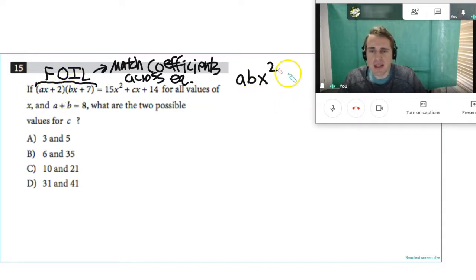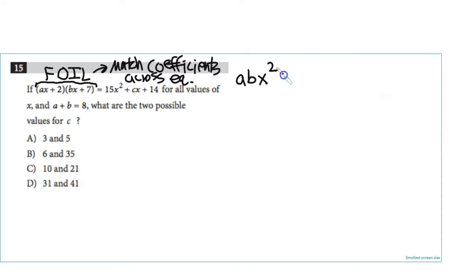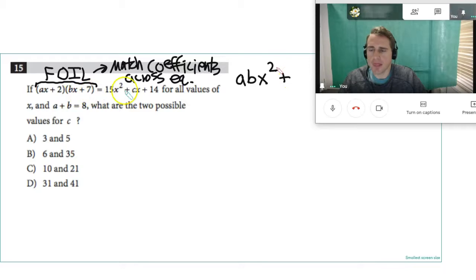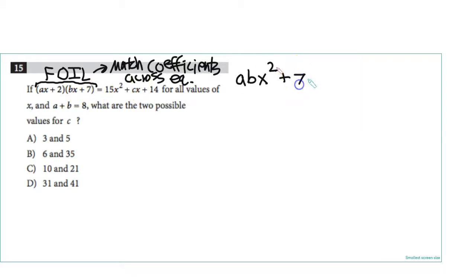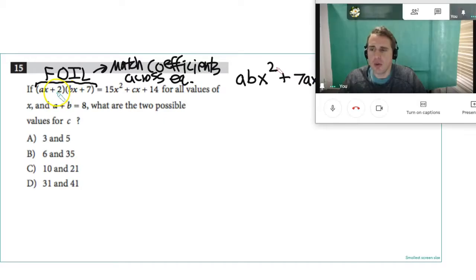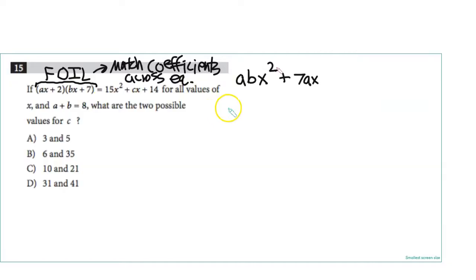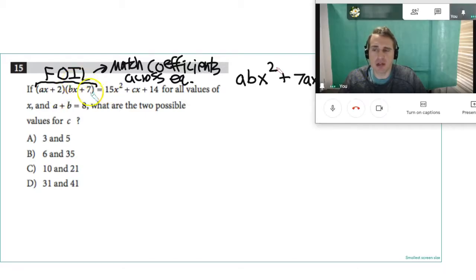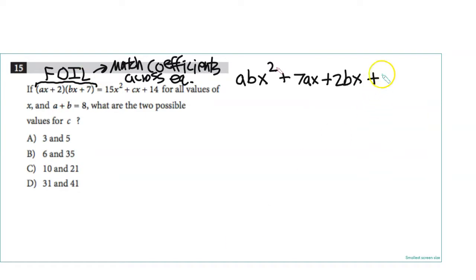Then we need to do outer, so that's ax times 7, which is 7ax. Right. Let's keep moving. What's 2 times bx? 2bx, right? We'll get the number out front, b is a constant, x. And then finally, what's 2 times 7? 14.